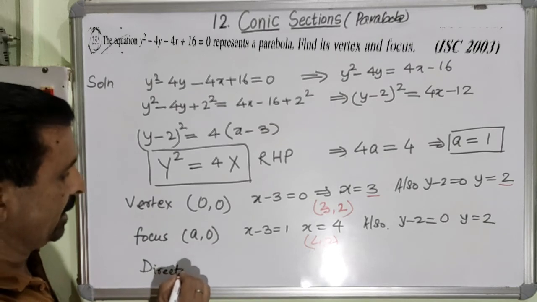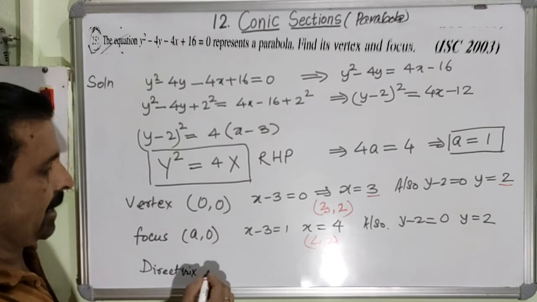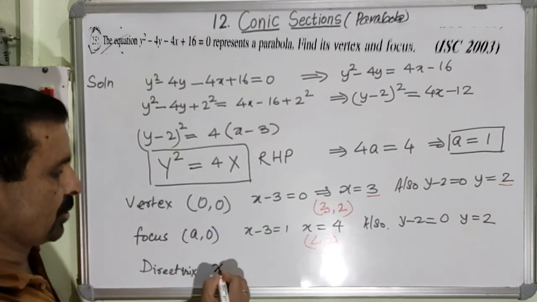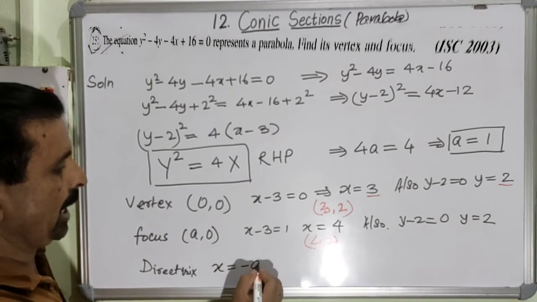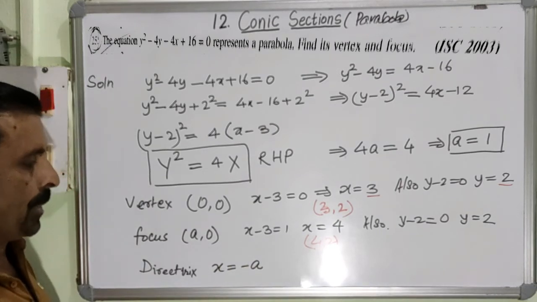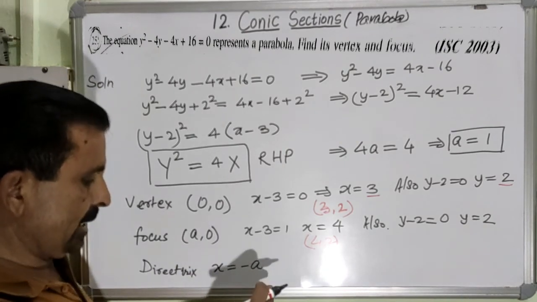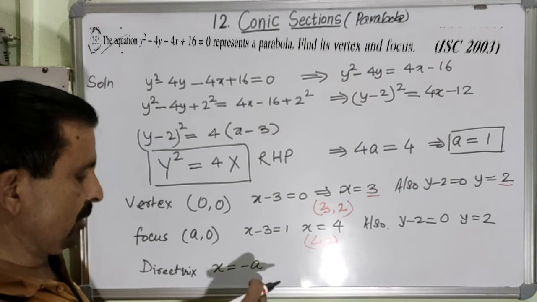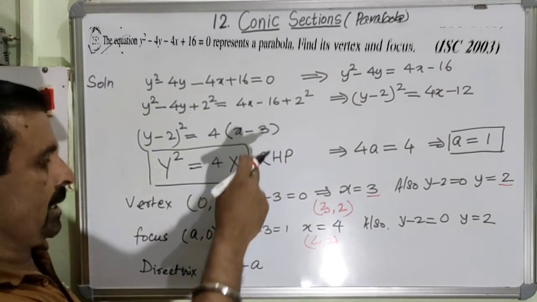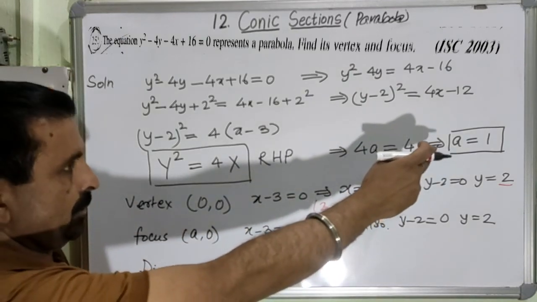Directrix. Now once again, I will suggest you look at the table, right? And in the table for the right hand parabola, the directrix is x is equal to negative a. Now to calculate the directrix, x is equal to negative a. And this x will be compared with x minus 3, and this a will be compared with the value that we got.